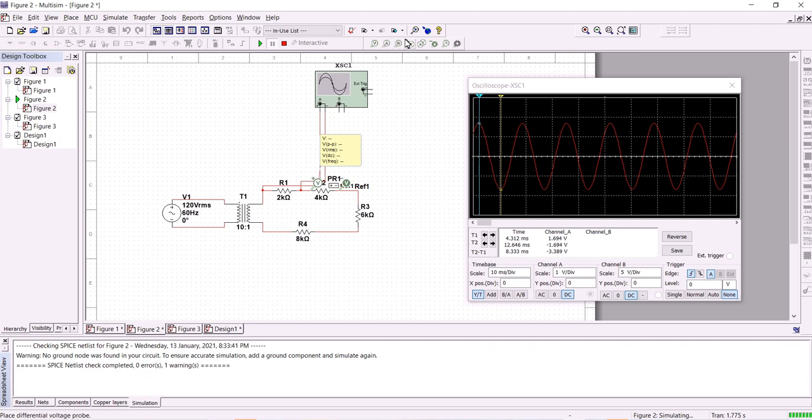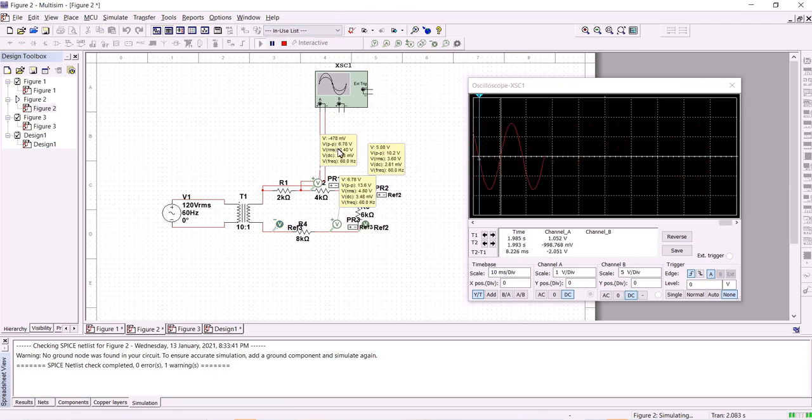So there you go, and we run. We can see here the VRMS for R2 is 2.40, and V peak to peak is 6.78.